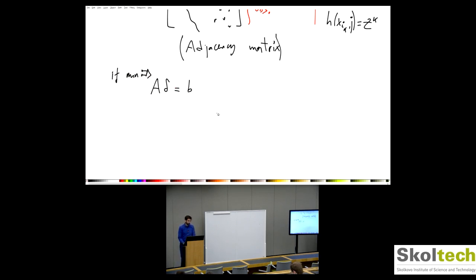It's very convenient for us because now it's not really an optimization problem, but this problem became just solving a linear system.